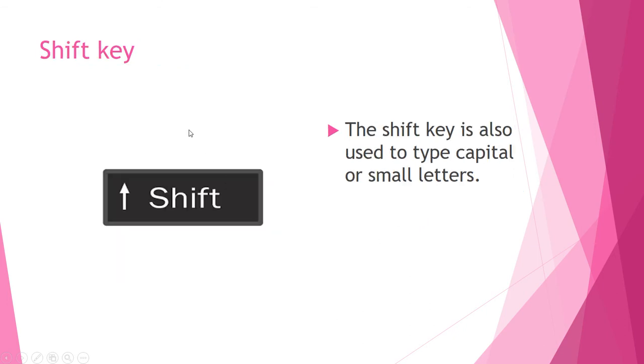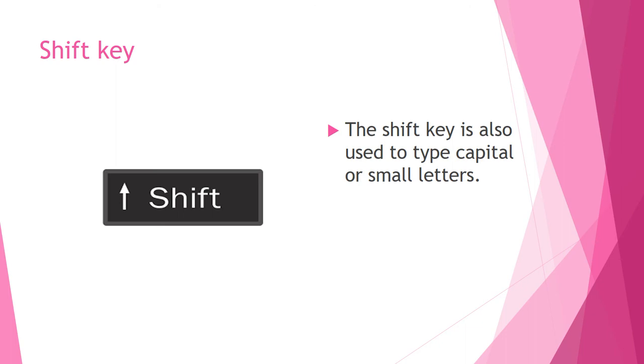Next is the shift key. The shift key is also used to type capital or small letters. It is also used to type the special symbols we see on the number keys. Some special symbols are @, hash, dollar, percentage and star.